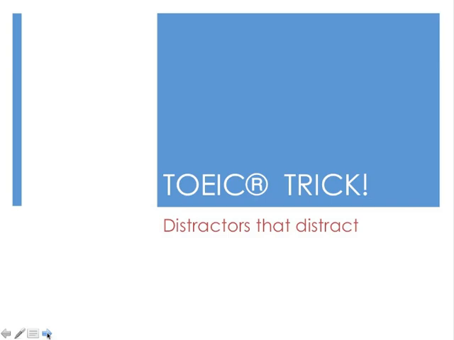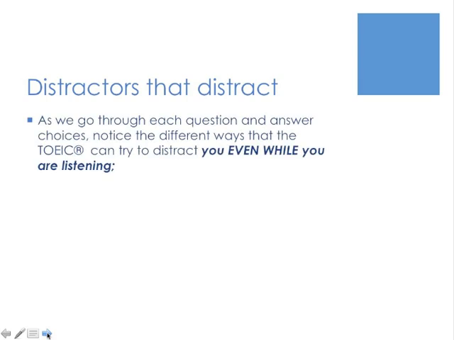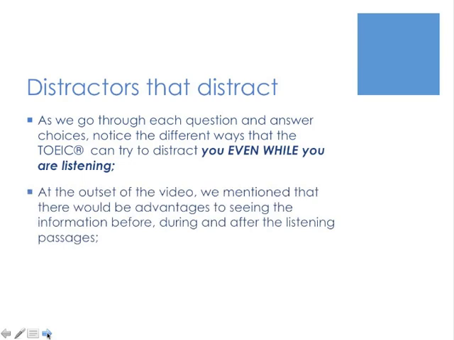Now, getting to the actual answer choices. This is one of the things we notice that could be a potential disadvantage on the test. The distractors. Again, we discussed in our very first video back in the reading series that distractors are those answer choices that basically are wrong, but they're wrong in many different ways. So again, in this situation, even though we can see the answer choices, notice how they're trying to distract you even while you listen.